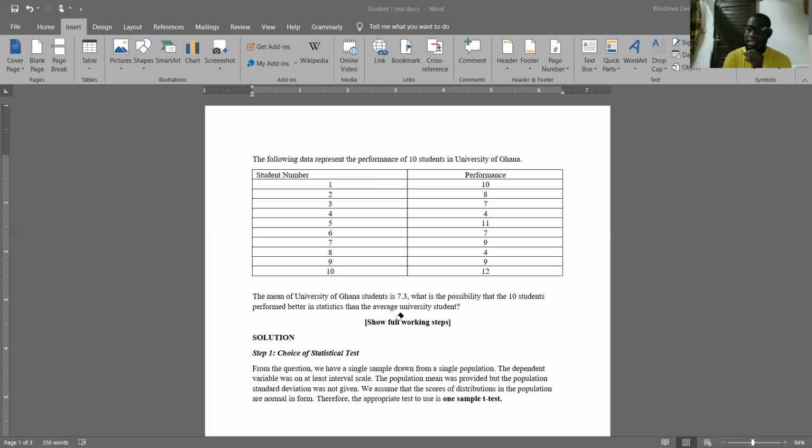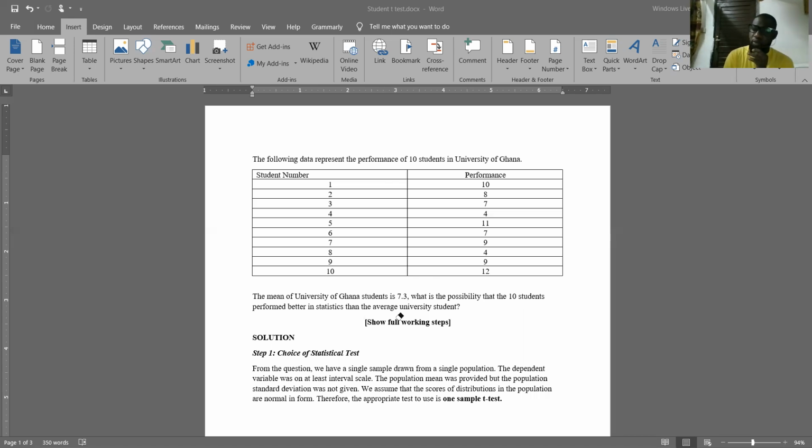Then with the last assumption, you just assume, because it's not always the case that within the question they will tell you the scores are in a normal curve distribution. But so long as you know that the scale of measurement is either interval or ratio, that should signal to you that it is a parametric test. Hence, you need to state this assumption as part of your assumptions for all the parametric tests.